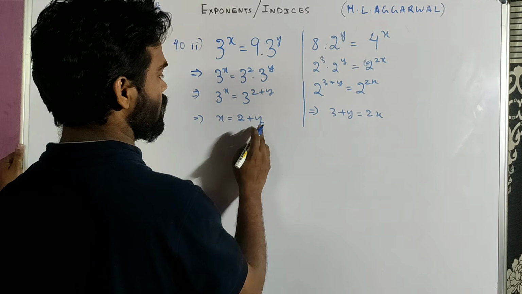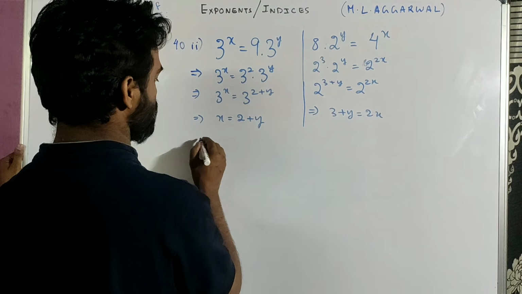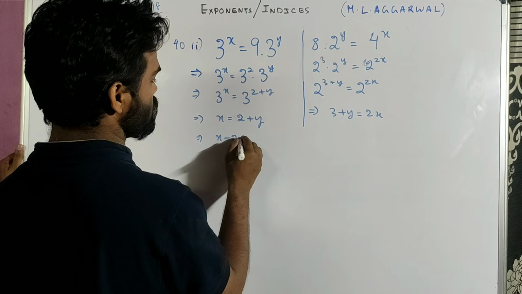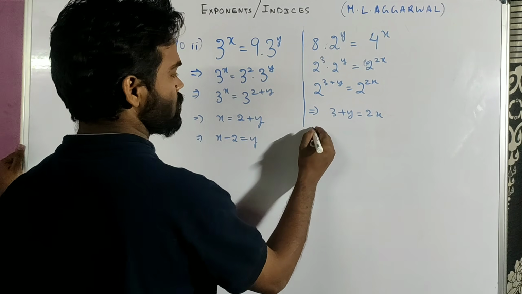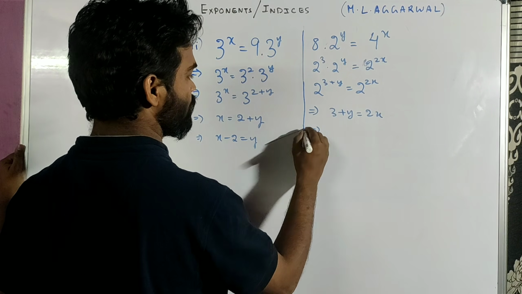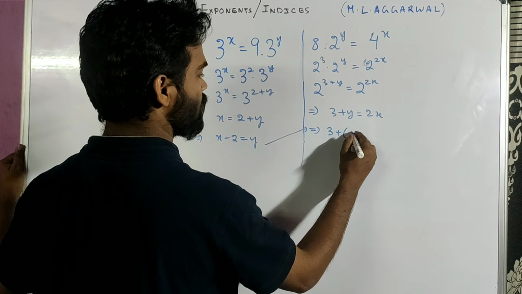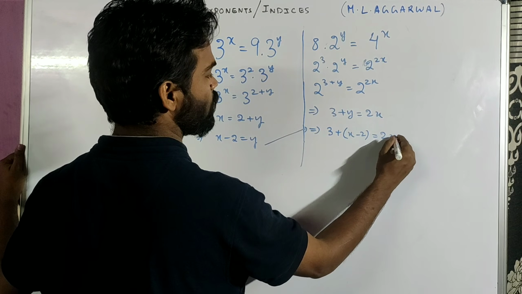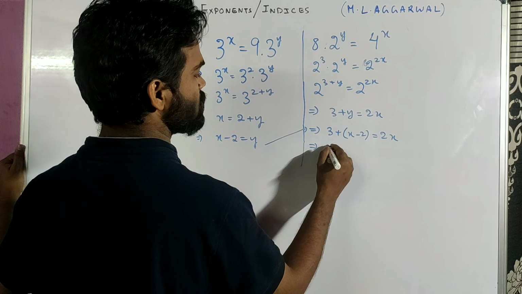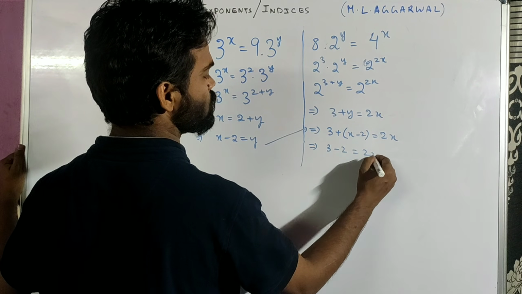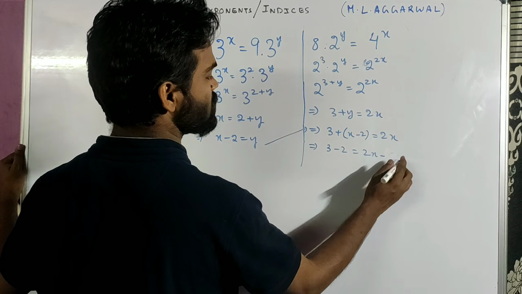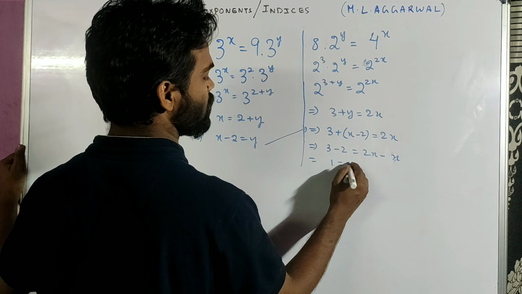See, if I take out the value of y and put it over here, can I write x minus 2 equals to y? So over here, if I put the value, so 3 plus, instead of y I can write x minus 2 equals to 2x, which means 3 minus 2 equals to 2x minus x, sorry, which means 1 equals to x.